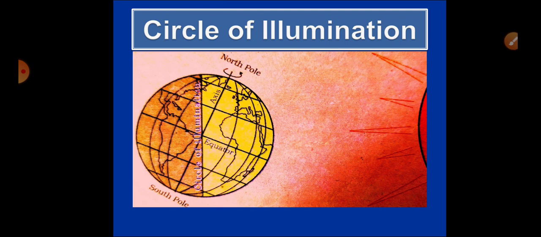Earth has a geoid shape or spherical shape. You can see this in the picture very clearly.